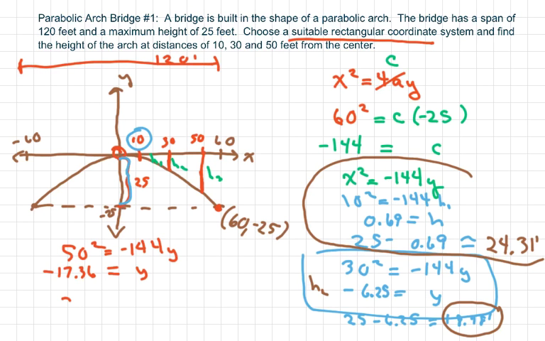So you're going to subtract, you get 25 minus 17.36, and that's going to give you 7.64 feet.